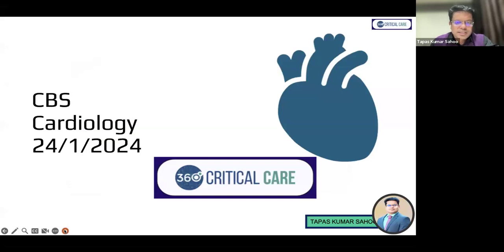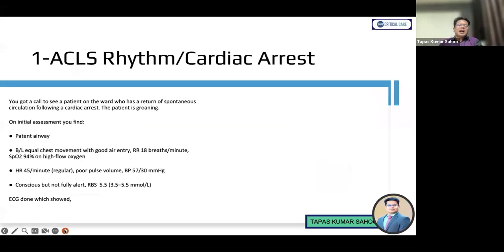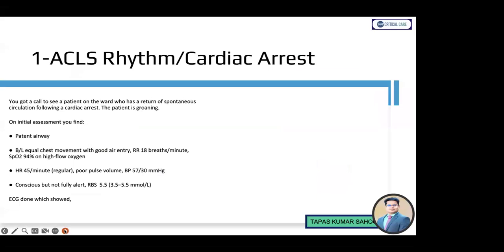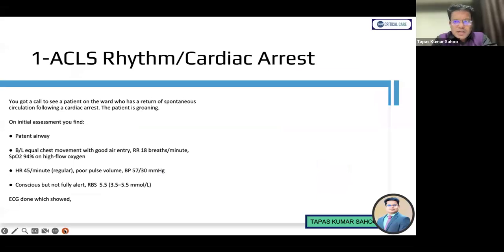So let's start with the first question. I have made some of the domains from which normally the cardiology CBS questions come. If you have all attempted the first question set that we shared yesterday morning, the first question is related to the most important in cardiology, that is ACLS rhythm or cardiac arrest. The question states that you got a call to see a patient on the ward who has a return of spontaneous circulation, that is ROSC, following a cardiac arrest.